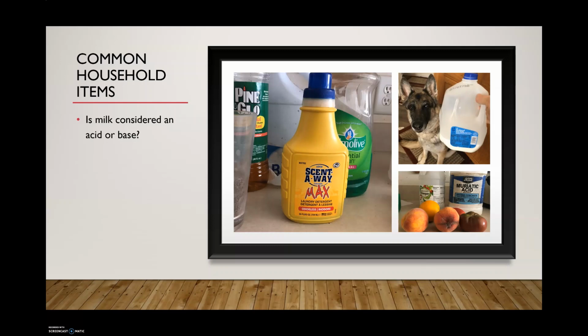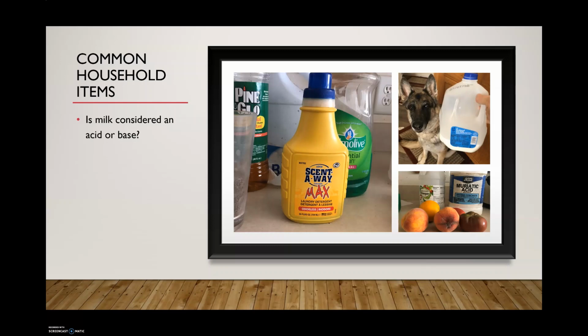If we look at the leftmost picture here, you'll see that we have Pine Glo, we have Scent-Away, which is a laundry detergent. We have Palmolive behind it. These are all soaps, and soap itself is slippery. It cleans stuff very well, and that's considered to be a base.